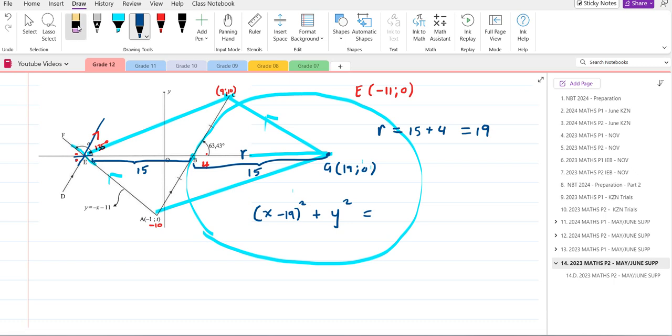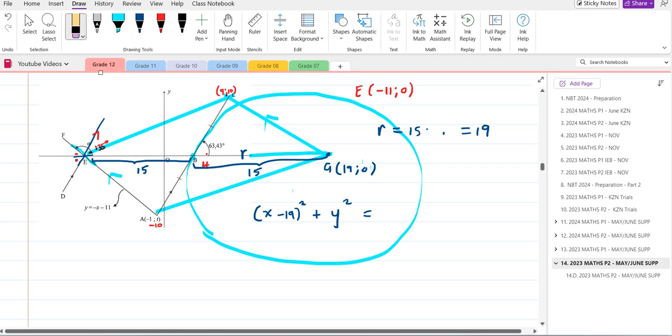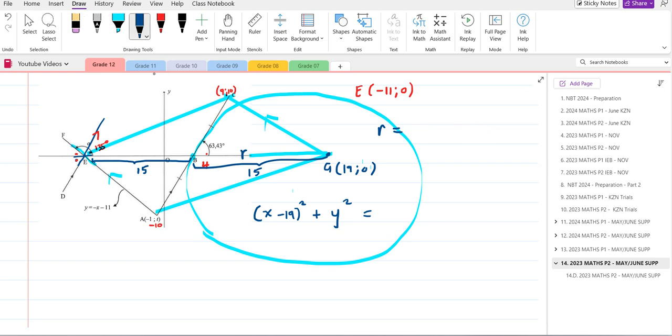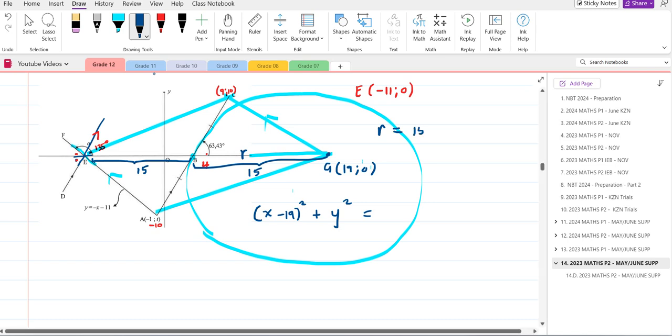The radius was 15, not 19, sorry. I made a mistake here. So the radius is 15, which is basically 11 plus 4, remember E was minus 11, or 4 minus 11.